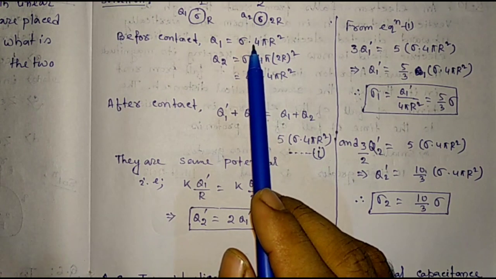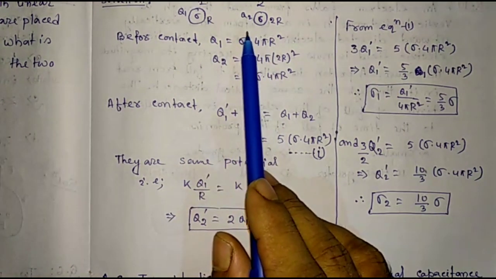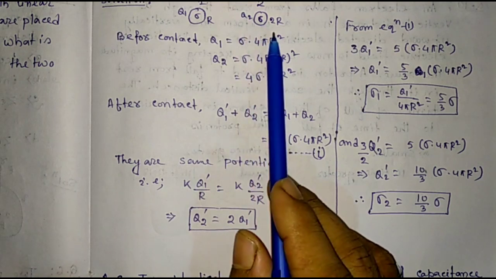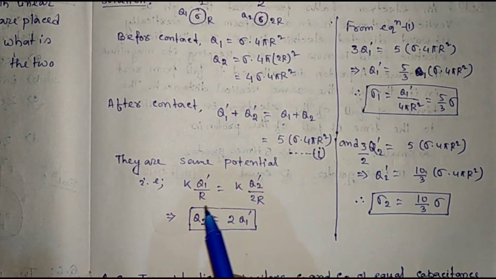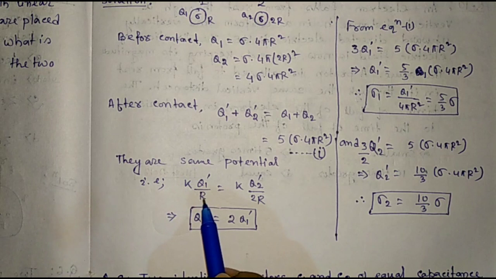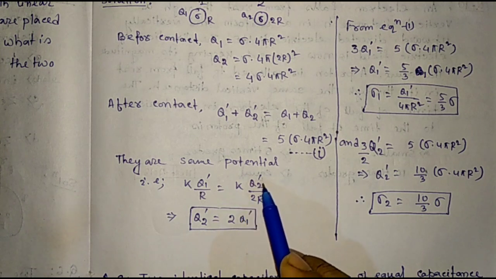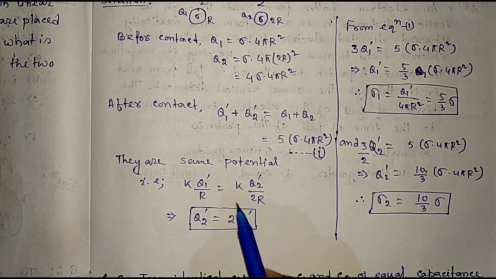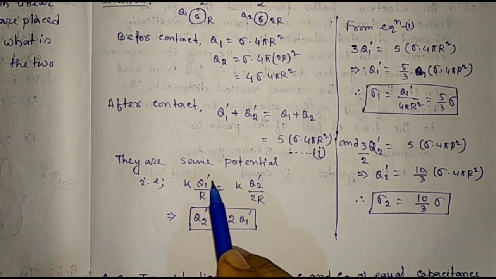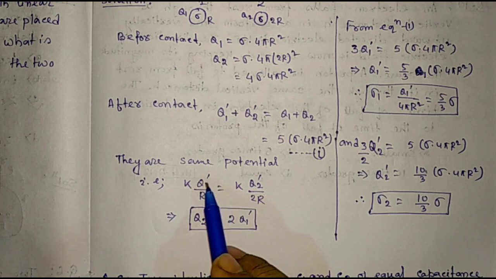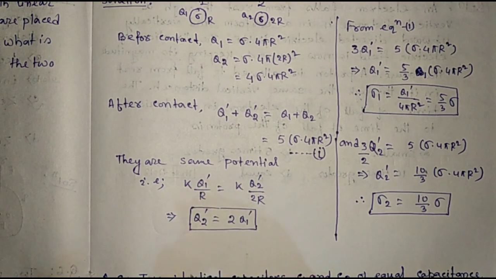After contact they will be at the same potential, so the potential of the first sphere is k q1' by r, which equals k q2' by 2r, the potential of the second. So after contact the potential becomes the same.